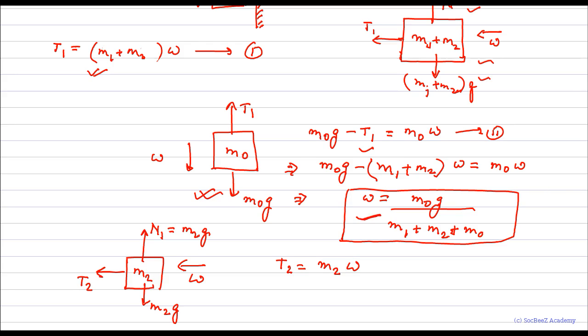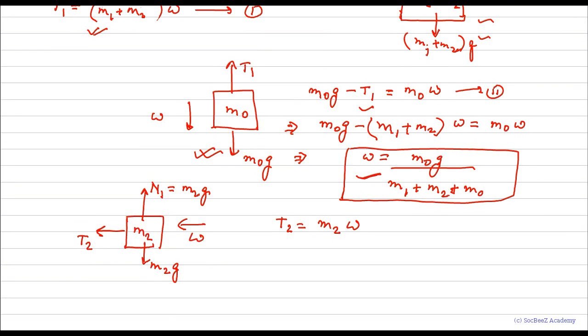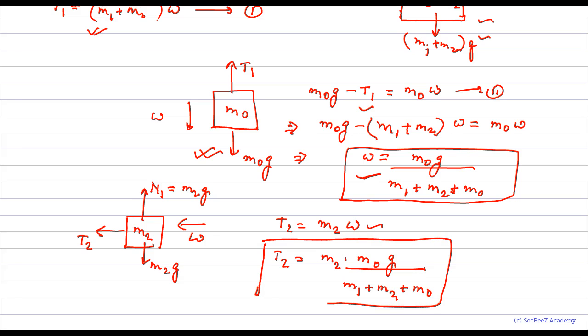If I replace W in this expression, I'll get T2 as m2 into m naught g upon (m1 plus m2 plus m naught). This is the expression for the tension acting between the two bodies m1 and m2, which is actually holding them together.